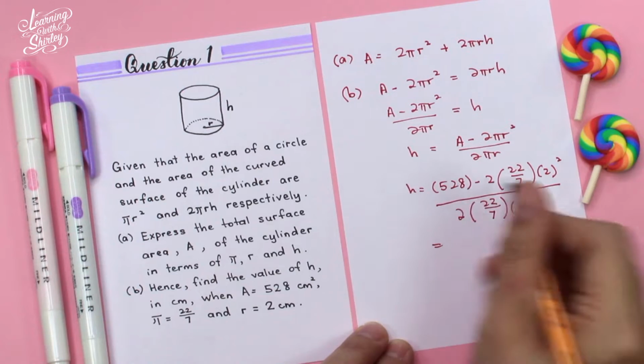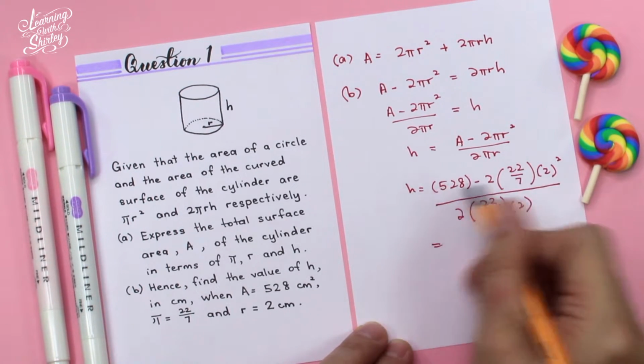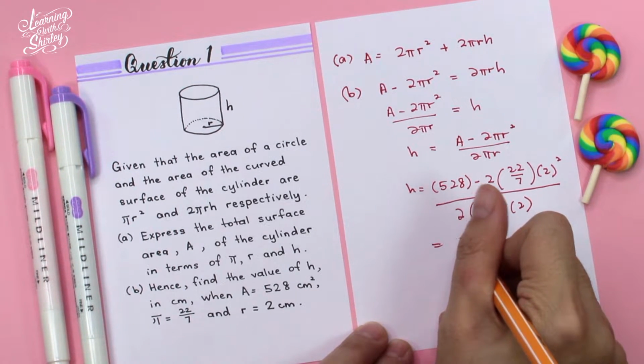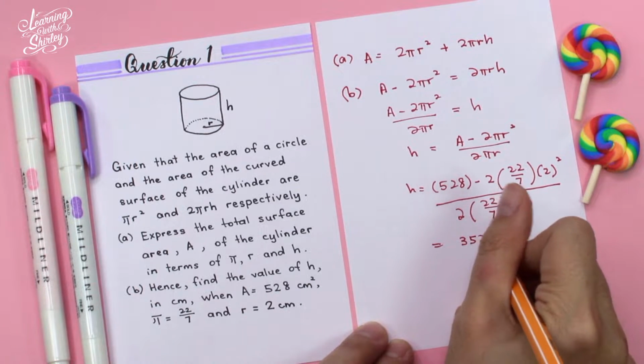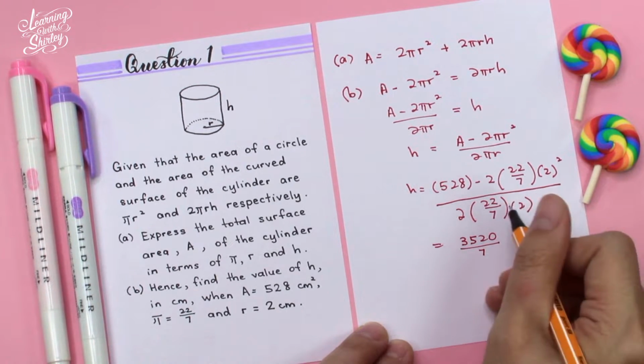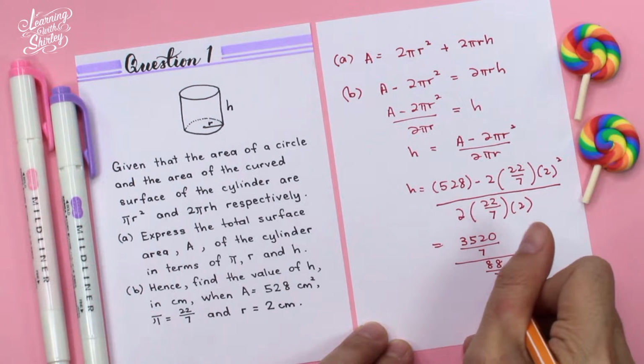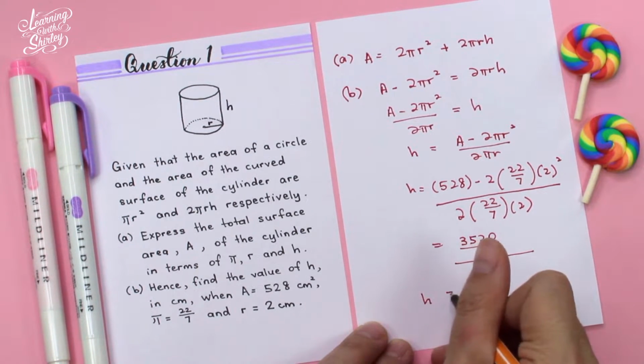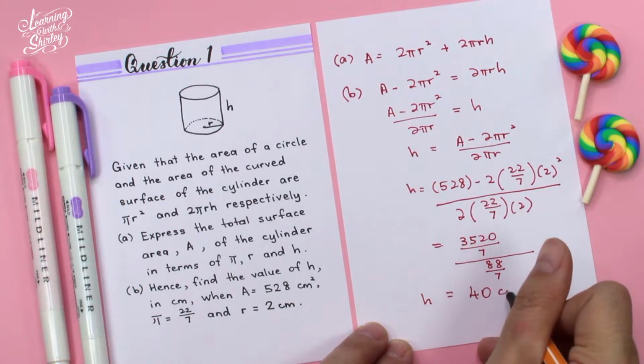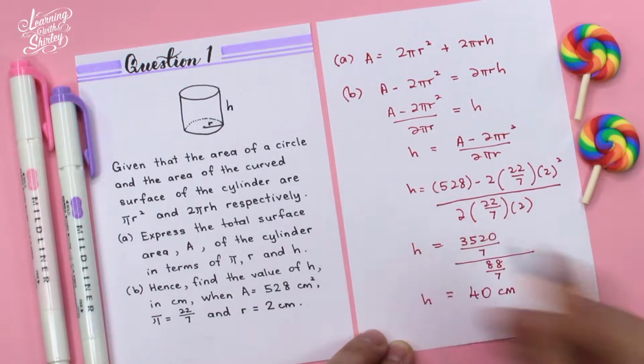We calculate the top first. When we use the calculator, we'll get 3,520/7, and the denominator will get 88/7. So therefore, h is equal to 40 cm. So that's the answer.